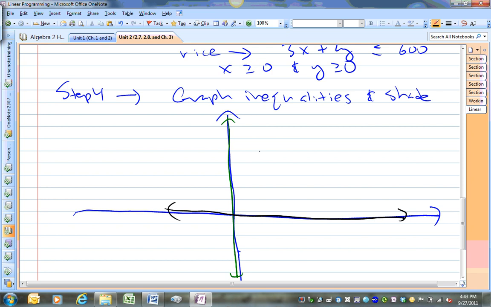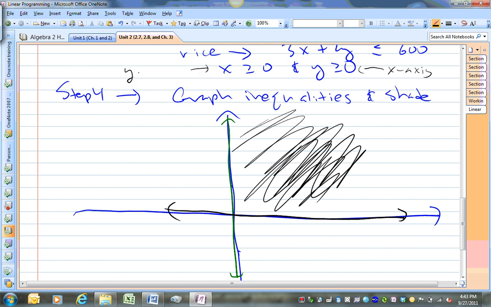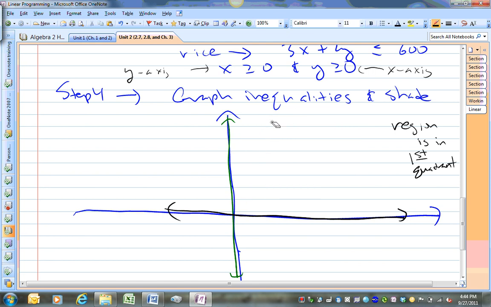So now we know we're shading to the right and we're shading above the x-axis, because this is like the x-axis, that's like the y-axis. So we know that the region is in the first quadrant.